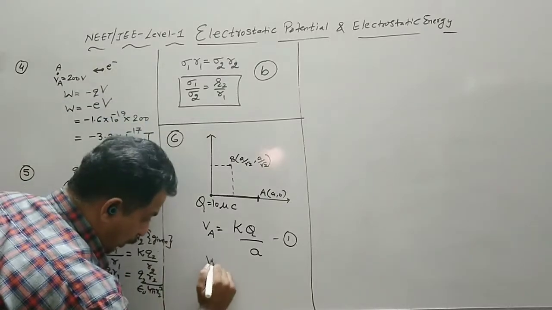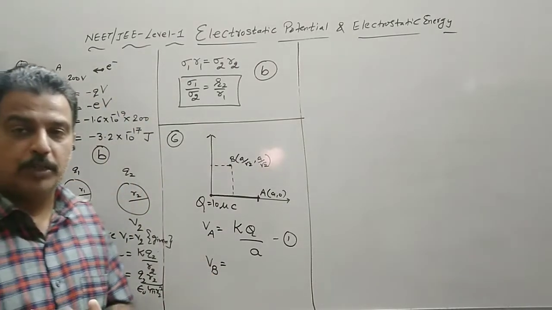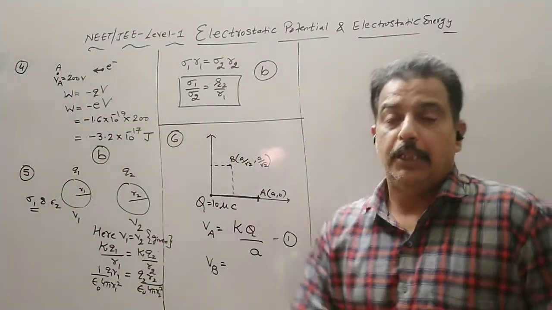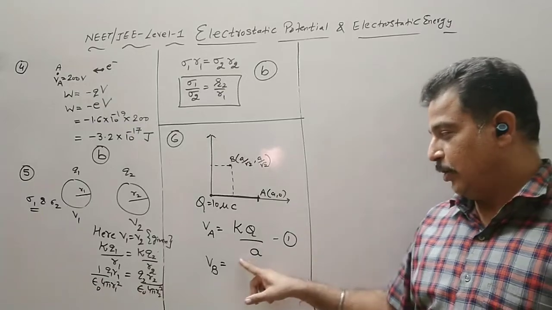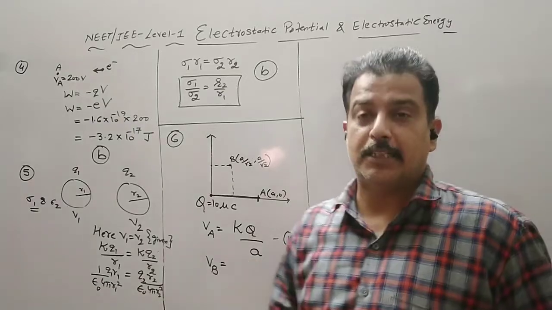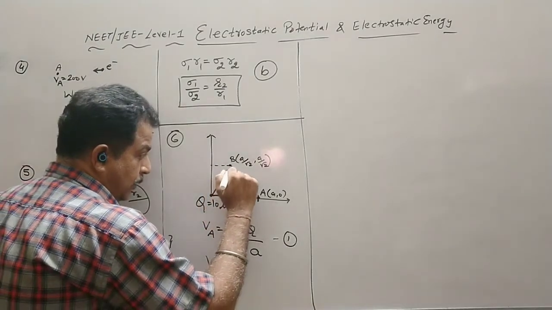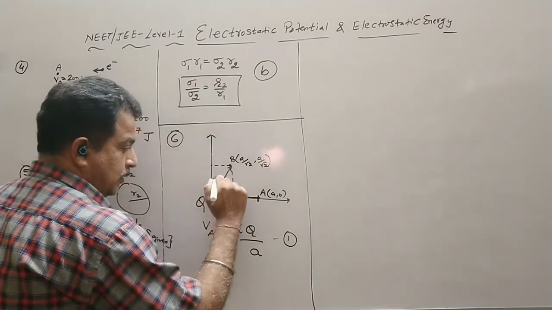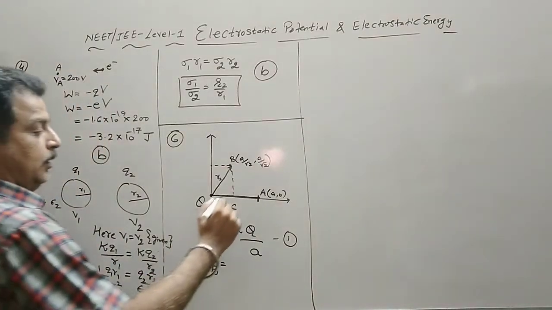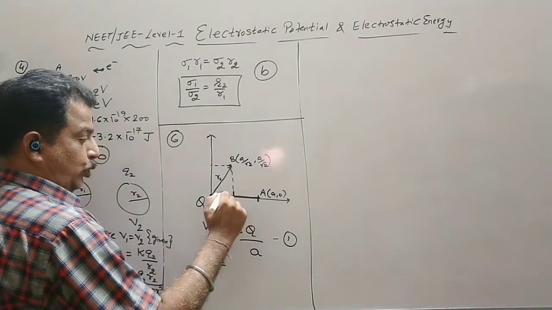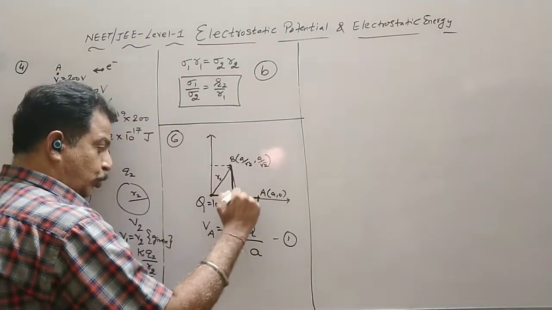Second part, potential at B means work done to bring a unit positive charge from infinity to this point. So K source, distance between test and source. So we have to find out this distance. This will be the distance, say R2. So clearly this portion is A by root 2 and this is also A by root 2.